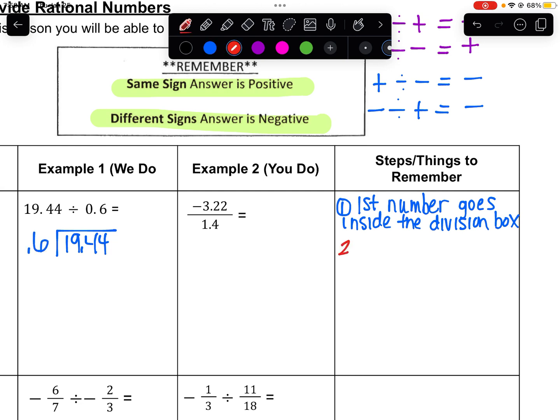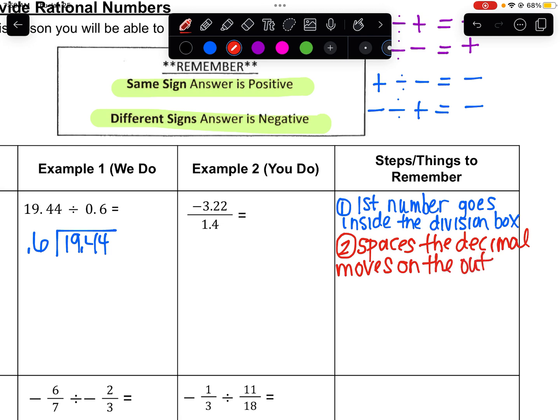The second rule that we need to do is we need to move our decimals. So the spaces the decimal moves on the outside is the amount of spaces the decimal moves on the inside.